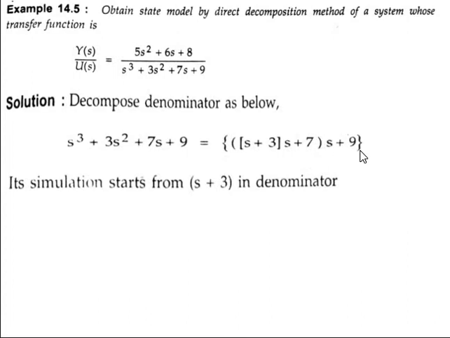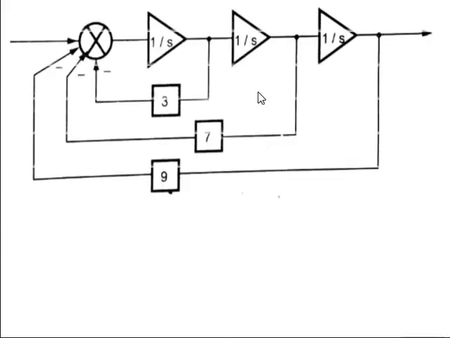Once again we want to expand into s plus 9, so one more integrator is added in series and one block is added in feedback. The feedback value is 9, and once again this is negative feedback, so the third integrator and third block are added.